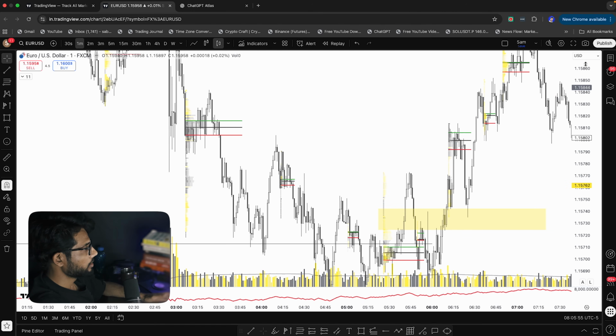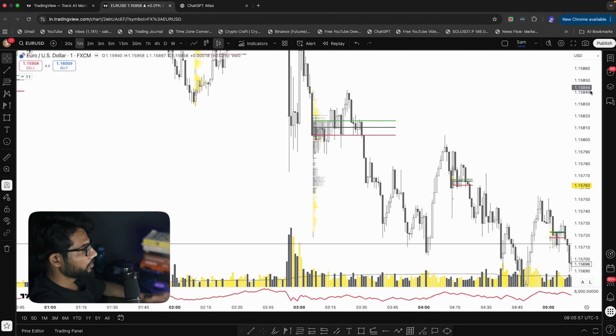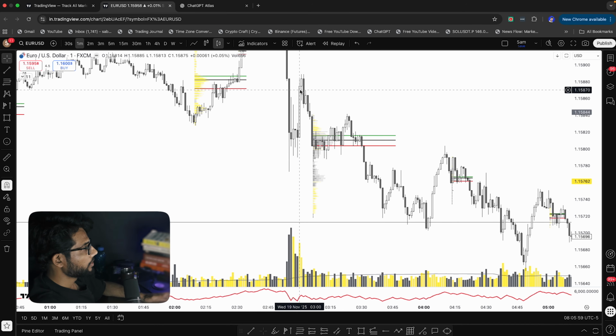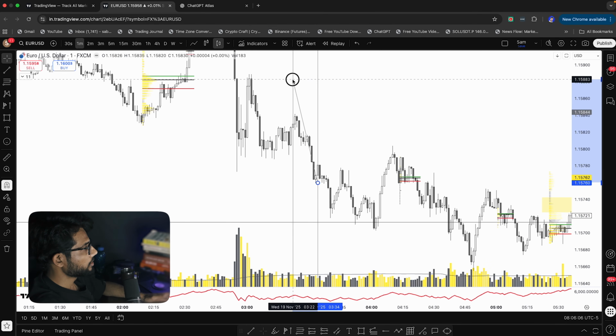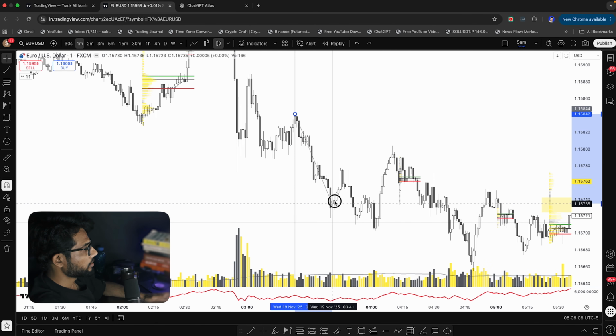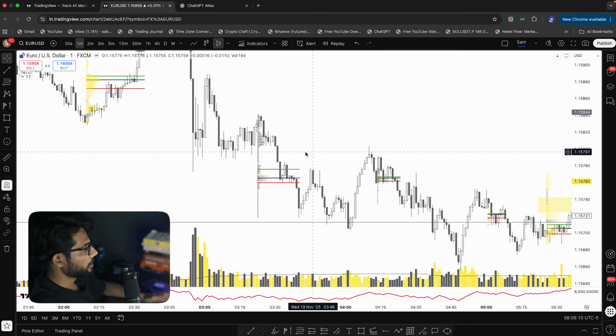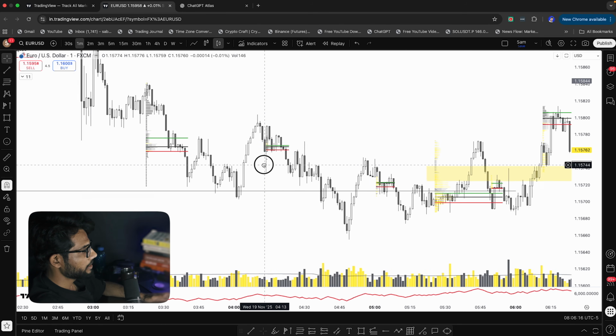Now again look at this volume profile. Where is our volume profile? Sorry, this, this low. You see this is the POC, but look at this cluster of volume, and then price has just come over here, tapped and rejected.